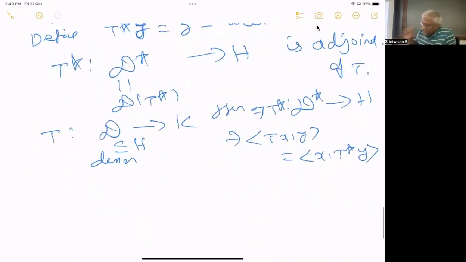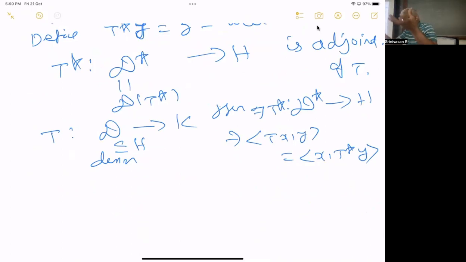So now T star is also unique. There cannot exist two operators like that. Suppose there exist two operators.